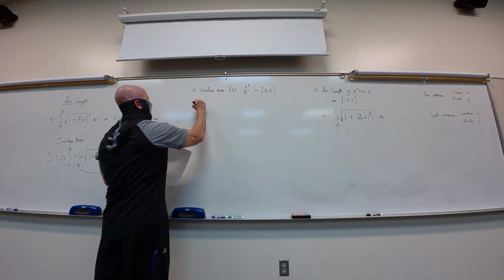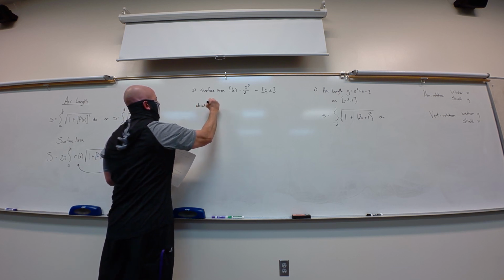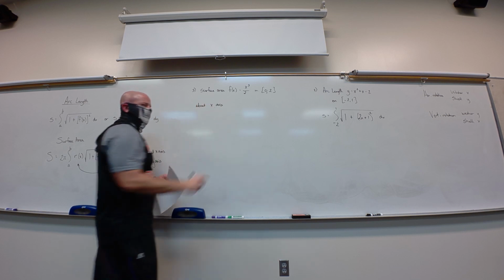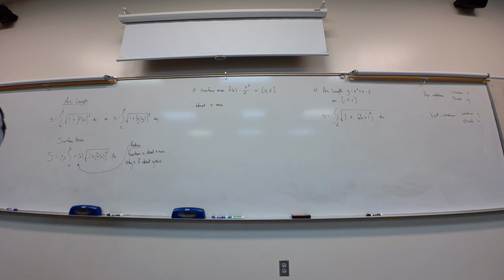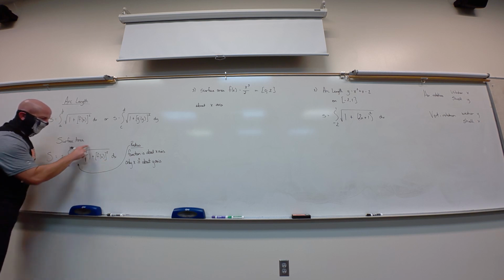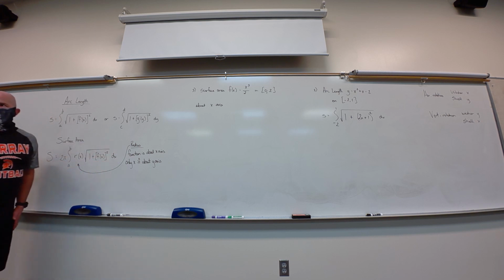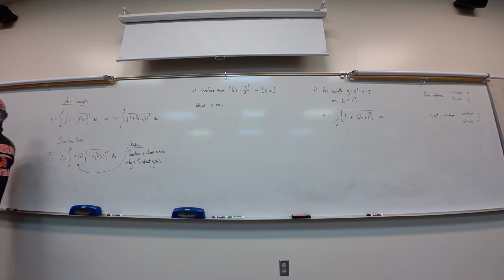And we're going to say about the x-axis. So our formula again, here's this arc length in here. We're basically taking the length of the arc and then rotating it around to create a three-dimensional object. That's what we're finding the surface area of.